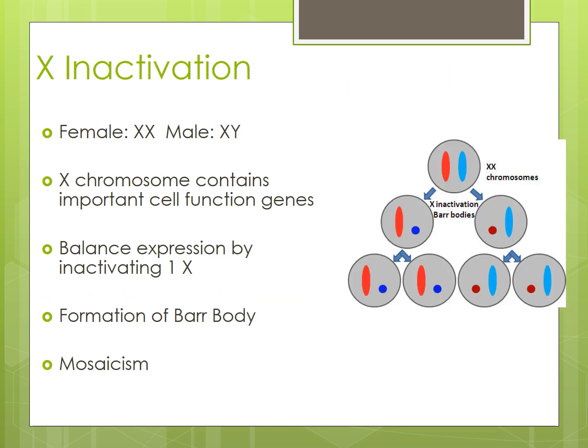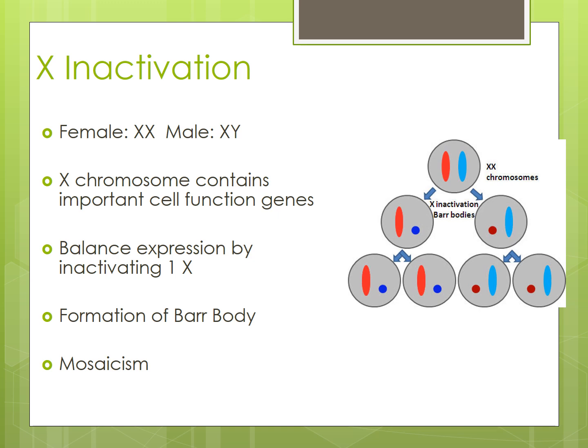Now, before we move on to Y-linked, I just wanted to touch on one concept involving X chromosomes that I thought would be important when thinking about these inheritance patterns. The term is called X inactivation. As you know, females have 2 X chromosomes and males have an X and a Y chromosome. The X chromosome contains genes with many important cellular functions.